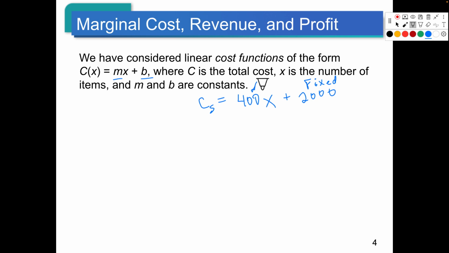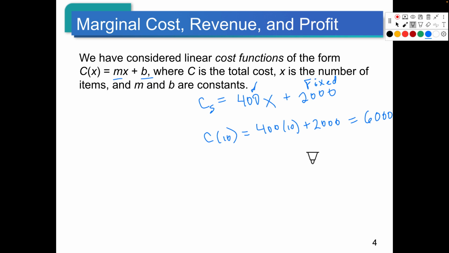So if I've made, let's say I made 10 sneakers, how much is it going to cost me? $4,000 plus $2,000 is $6,000 for my 10 sneakers. What would it cost me to make an 11th sneaker? From this formula.